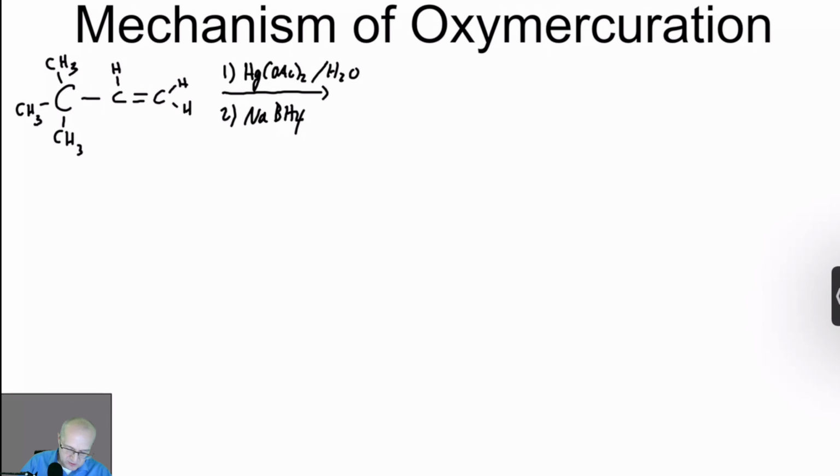Okay, so now we have to recognize that the mercury acetate is in equilibrium with its cation and anion. So HgOAc positive plus OAc negative.